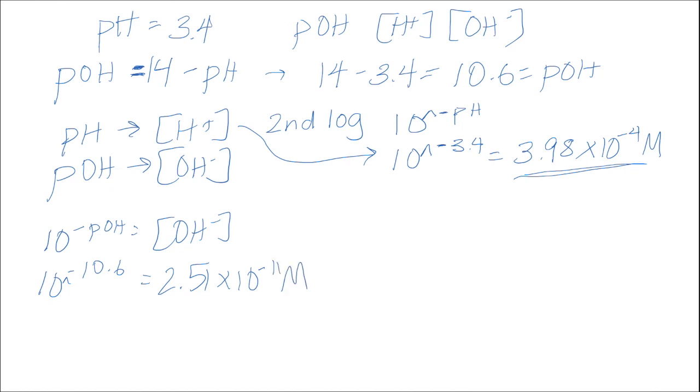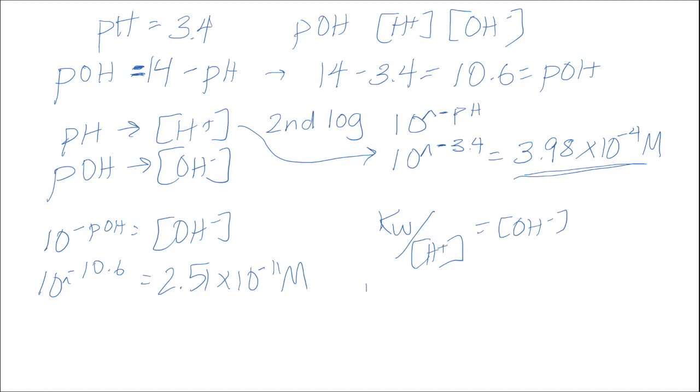The other way is to use Kw, which is our constant for our water dissociation, and I'm going to put H plus underneath. So you're always going to divide Kw by the one that you know, and that's going to be OH minus.